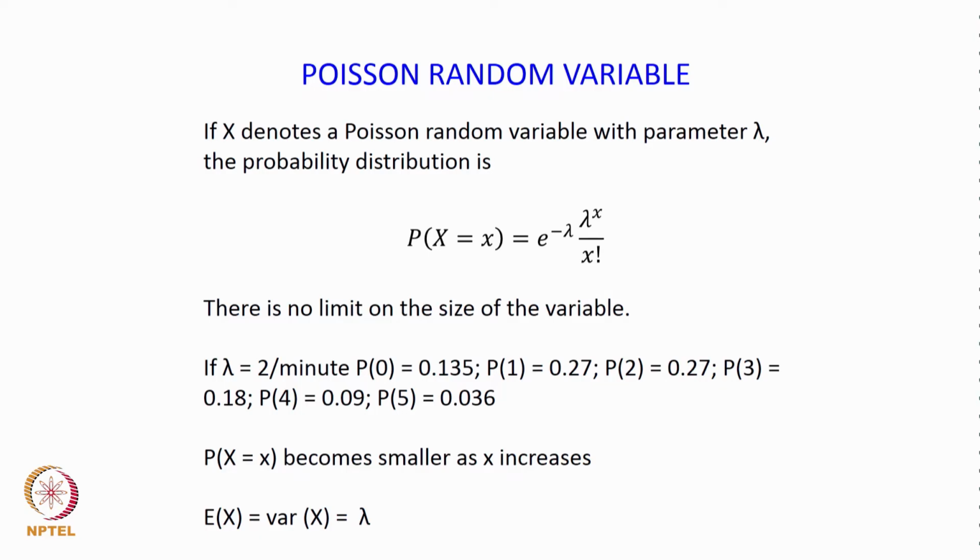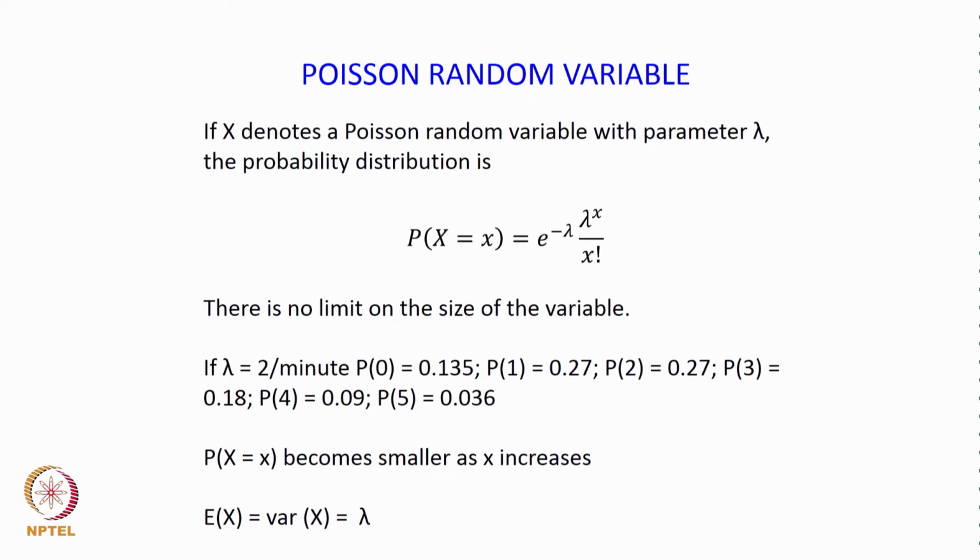The probability of 3 people coming in that interval is 0.18, 4 people is 0.09 and 5 is 0.036, and as small x increases, the probability of X equal to x becomes very small. So, even here, if the average is 2 per minute, it is fairly acceptable that no person comes 13% of the times, 1 person comes 27% of the times, 2 people come 27% of the times and so on.